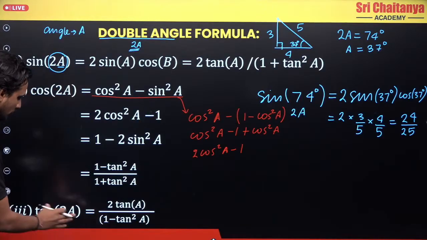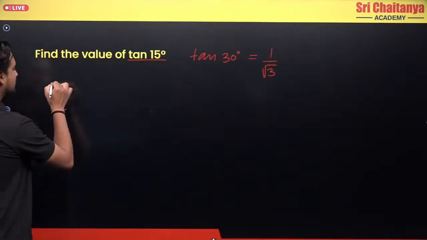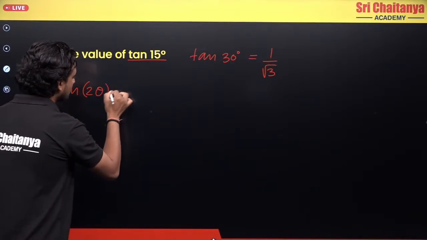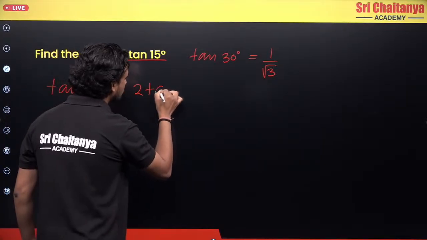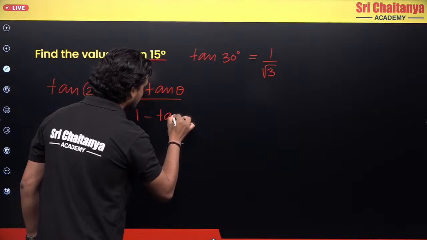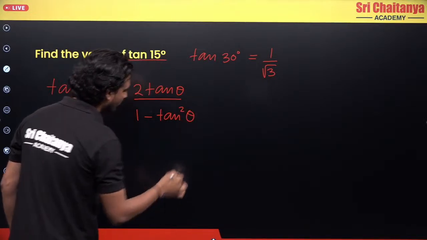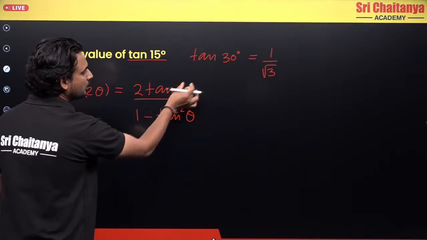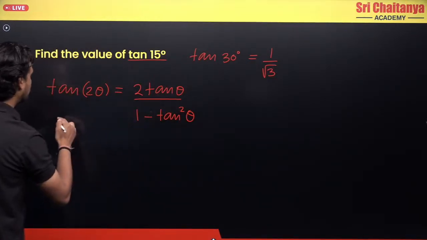What is tan 2 theta? Tan 2 theta is equal to 2 tan theta upon 1 minus tan square theta, right? This is the formula I am going to use. So instead of theta, I can put 15 degrees. So let's put 15 degrees.